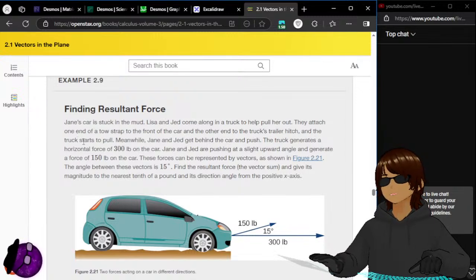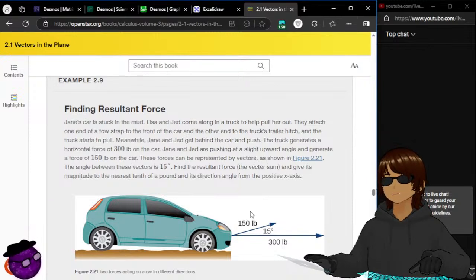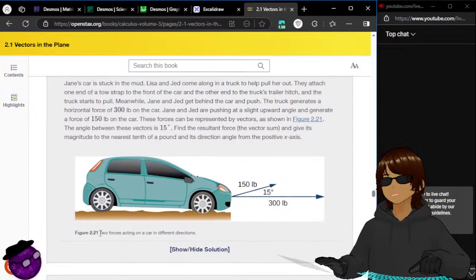And the truck starts to pull. Meanwhile, Jane and Jet get behind the car and push. The truck generates a horizontal force of 300 pounds on the car. Jane and Jet are pushing at a slight upward angle and generate a force of 100 pounds on the car. These forces can be represented by vectors as shown in figure 2.21.